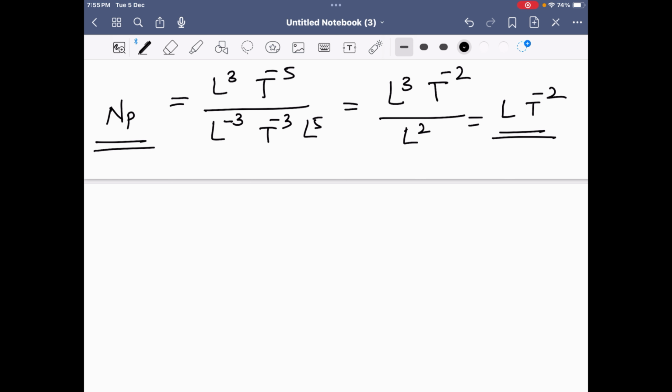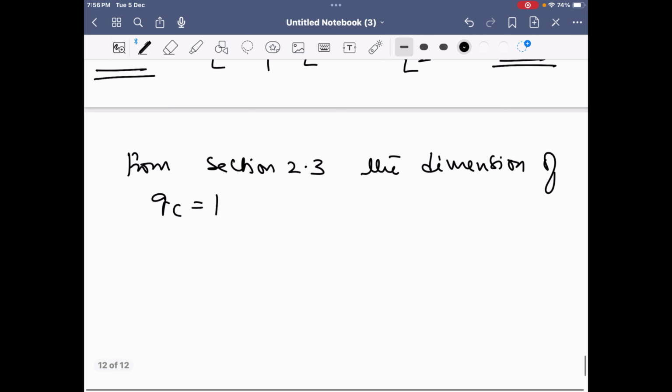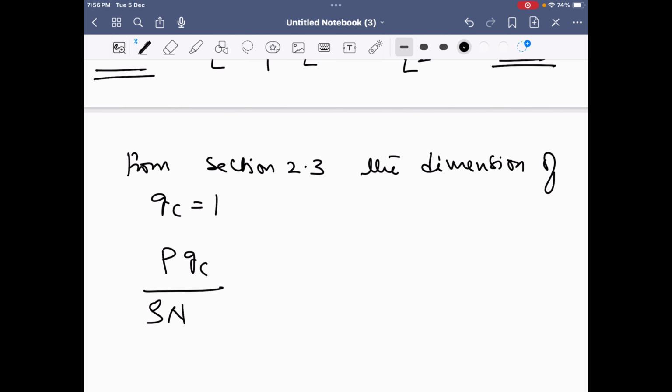So, let us move further. From section 2.3, the dimension of GC is equal to 1. Let us substitute it: P GC divided by rho Ni cube Di to the power of 5.